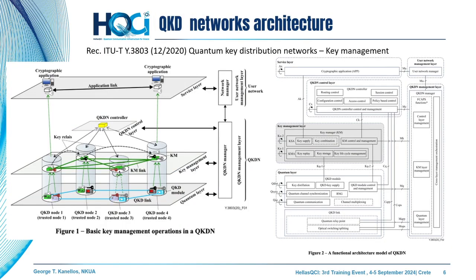A lot of research has taken place since, and in 2020, that is just 4 years ago, we eventually had a recommendation from the ITU, the International Telecommunication Standards Office, on how to implement quantum key distribution networks, and in particular, what this sort of key management should look like.